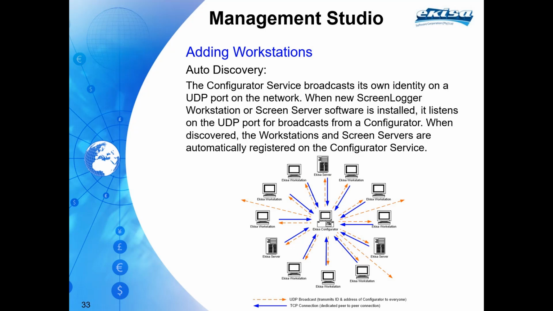It listens on the UDP port for a periodic broadcast from the configurator. When discovered, the workstation is automatically registered on the configurator service. Note that only a single instance of the configurator service should be installed on the local area network for auto discovery to work correctly.